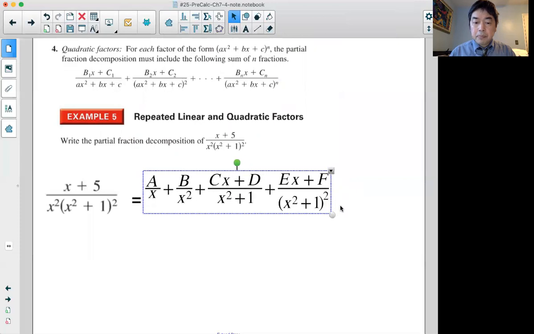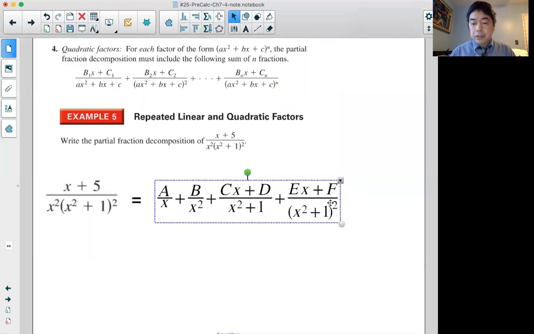The first thing, as usual, you have to have a common denominator. So the first one is you have to multiply x and x squared plus 1 in parentheses squared. So you really have to write down a long thing.